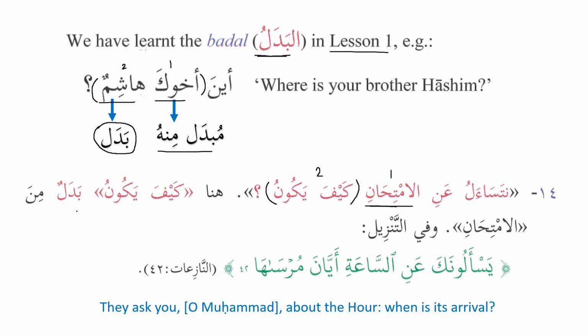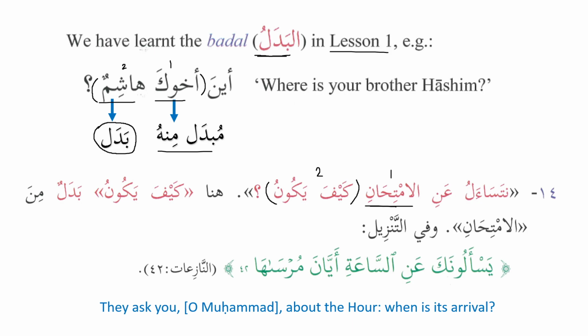Here kayfa yakun is a badal from al-imtihan. And in the Quran: yas'alunaka anis-sa'ati ayyana mursaha. They ask you, O Muhammad sallallahu alaihi wasallam, about the hour, when is its arrival.